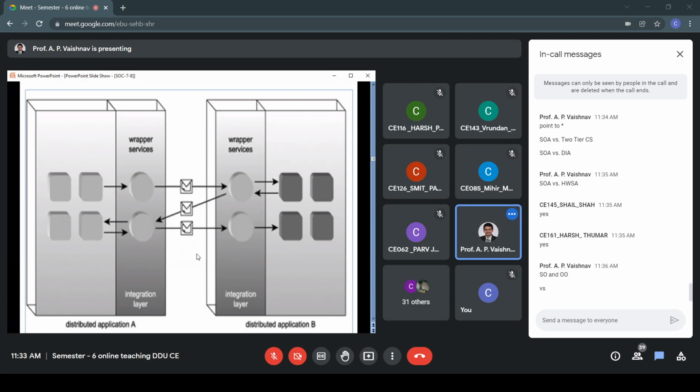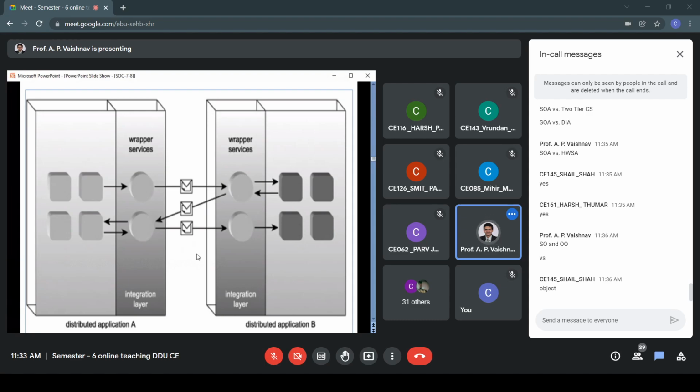Yes, it will be object orientation. So it is not actually a comparison, it is just a relationship which we'll try to establish. So that is the next point in this chapter, service orientation and object orientation.